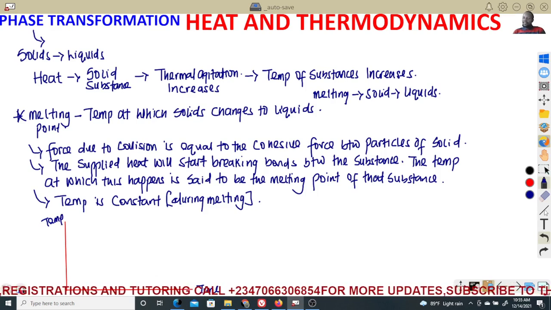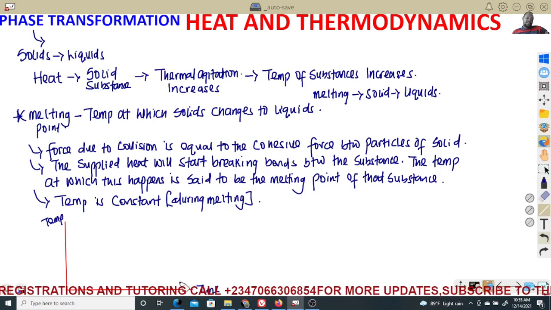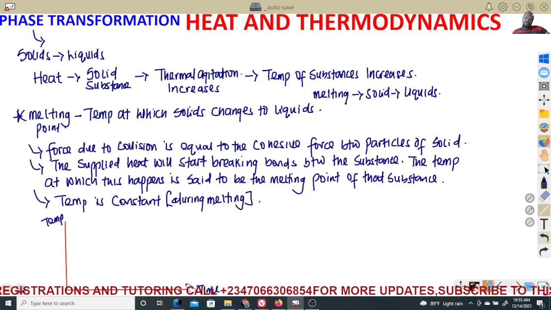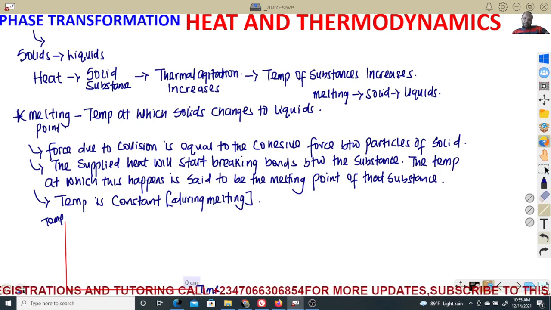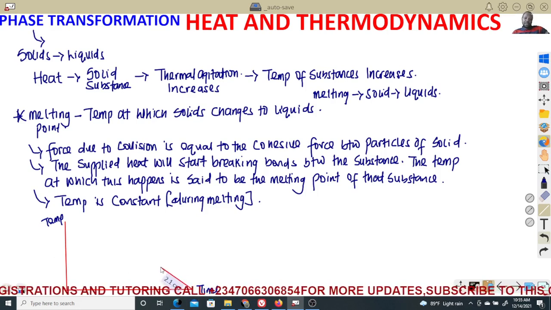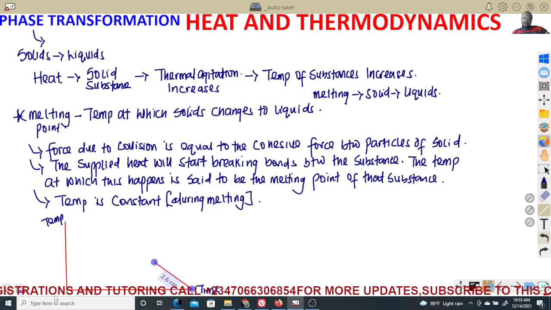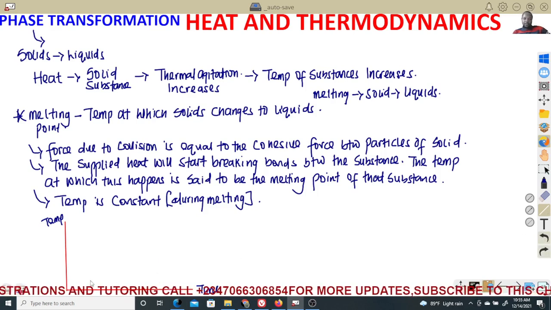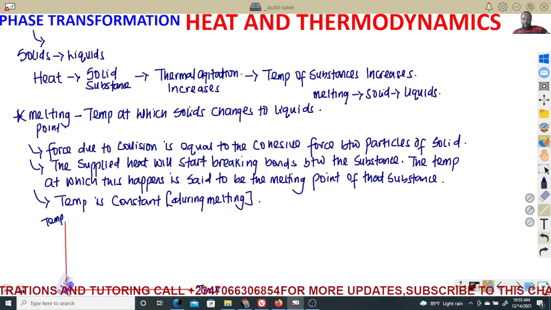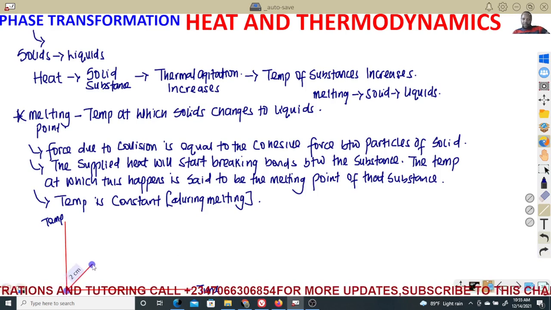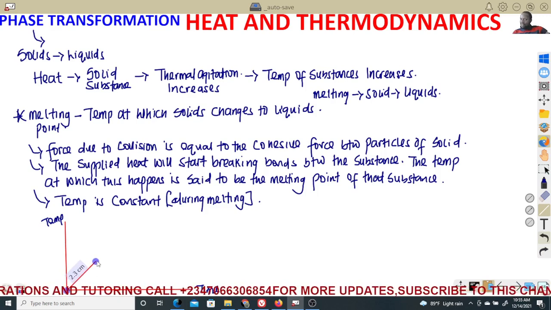Now, what we're saying is that before the substance melts, when I heat that substance, what we expect is that the temperature of that substance will increase to a certain point. You can start from anywhere. If I start here, the temperature is rising to a particular point when the metal was heated.